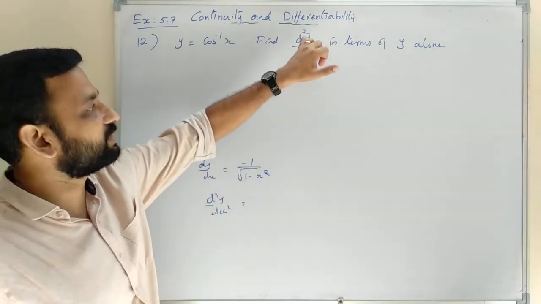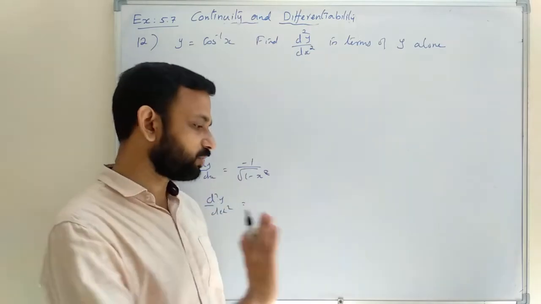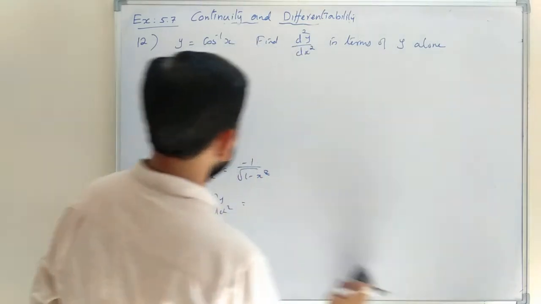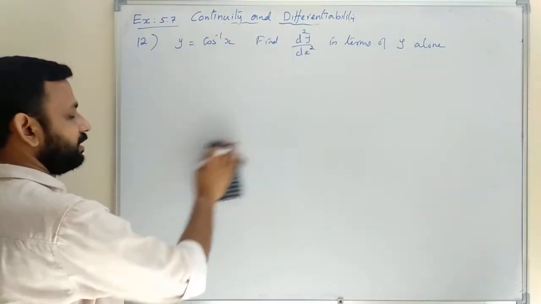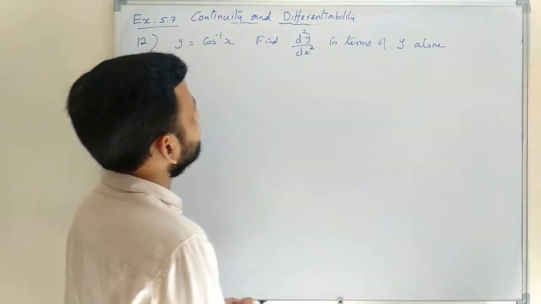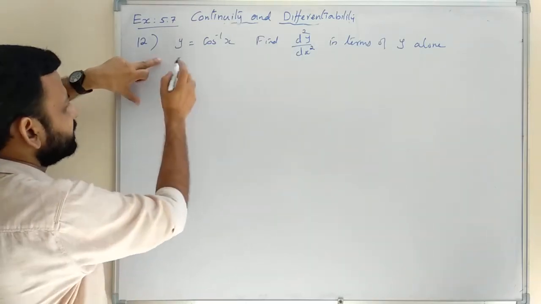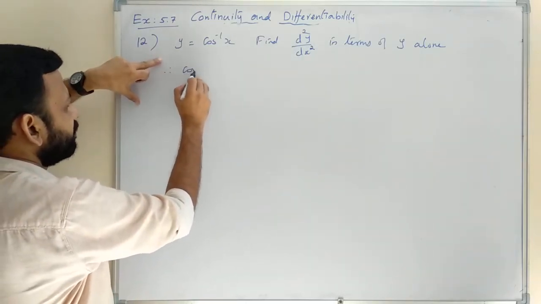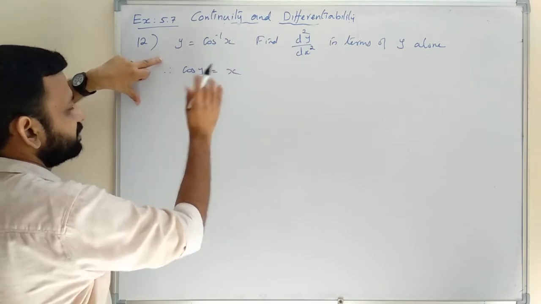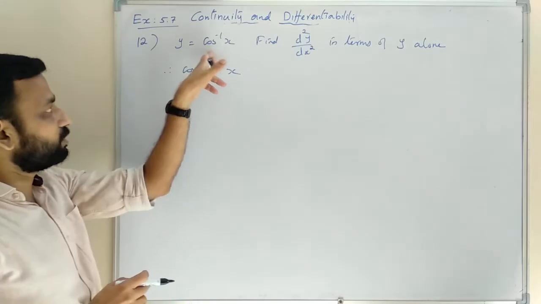We need to find d square y by dx square in terms of y, so the variable x or x square etc. should not be there. So we can do like this. y equal to cos inverse x, therefore cos y is equal to x. In inverse trigonometric functions we studied that y is equal to cos inverse x.